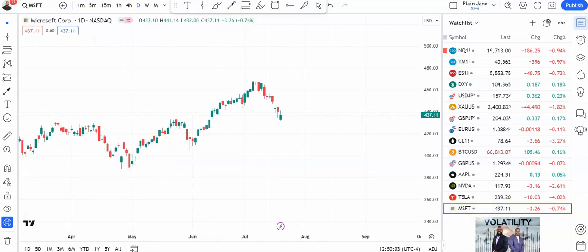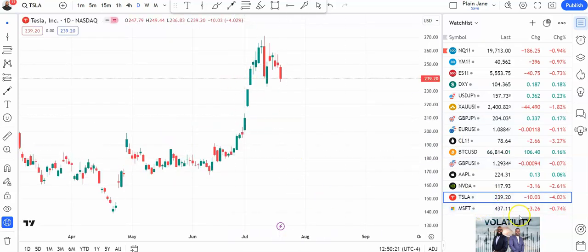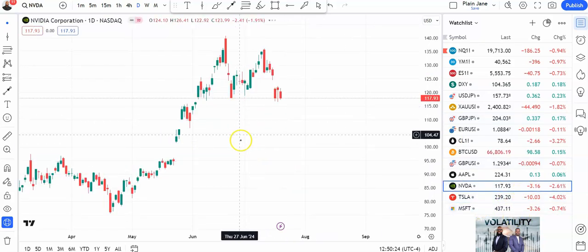You can almost see the same pattern happening on Microsoft right there, and maybe right here. We don't know. So we put Microsoft on there as one of those tech stocks that's moving the market. Of course, you've got Tesla, which already made this move. Everybody see that retail pattern on the video?